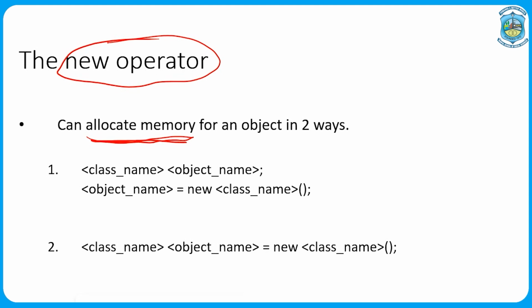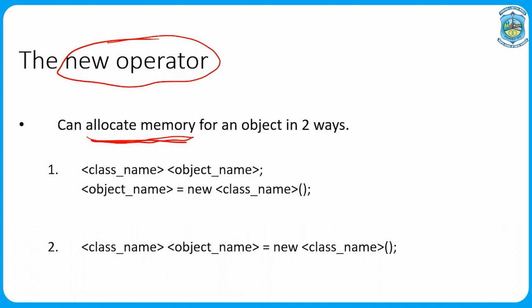We can use this new operator in two ways. The first way is the class name, then the object name, terminated with a semicolon. Then the object name is equal to new class name, parentheses, and a semicolon. I am taking one example.